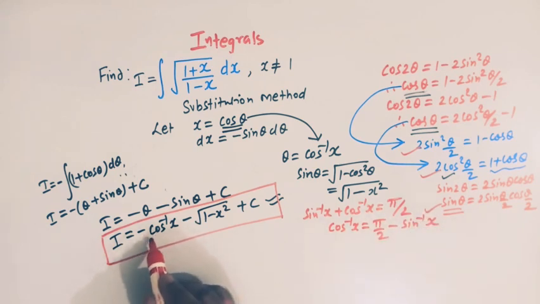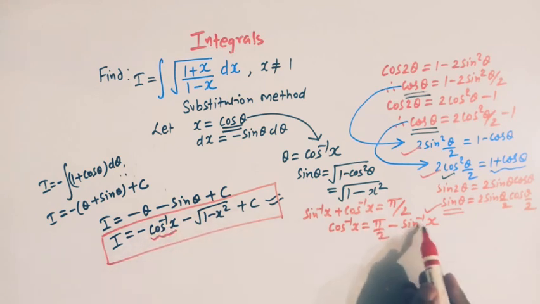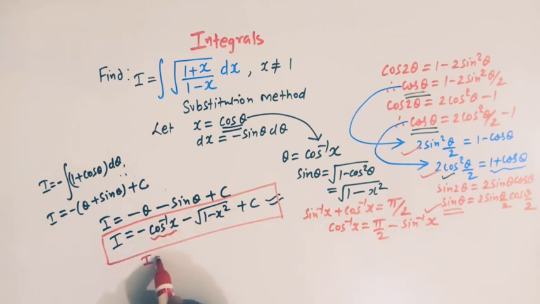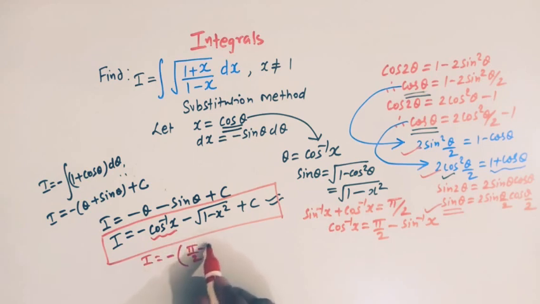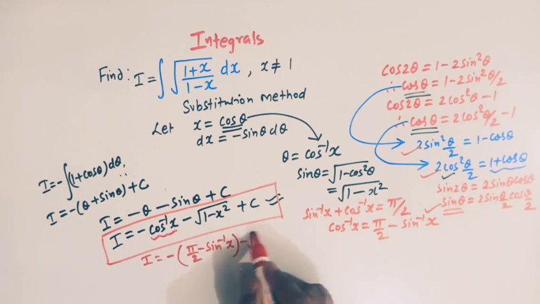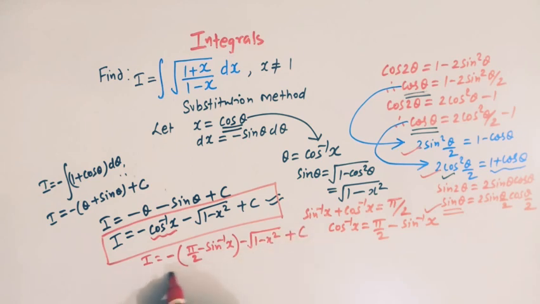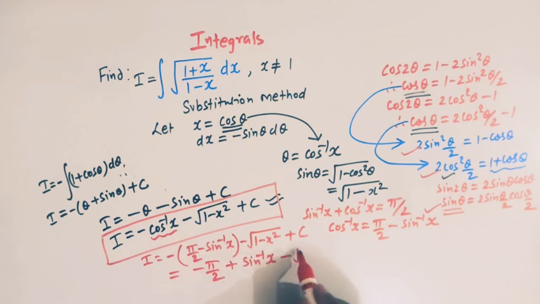Now if we replace this cos inverse x by pi by 2 minus sine inverse x, then we'll get I is equal to minus pi over 2 minus sine inverse x minus square root of 1 minus x square plus c. We have minus pi over 2 plus sine inverse x minus square root of 1 minus x square plus c, right?